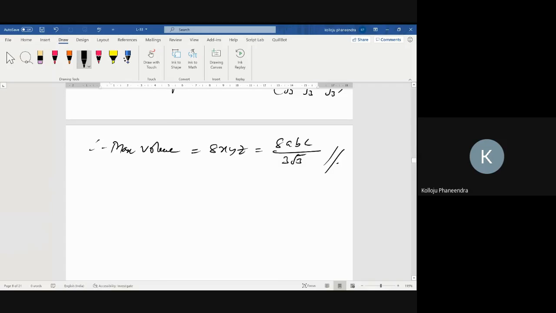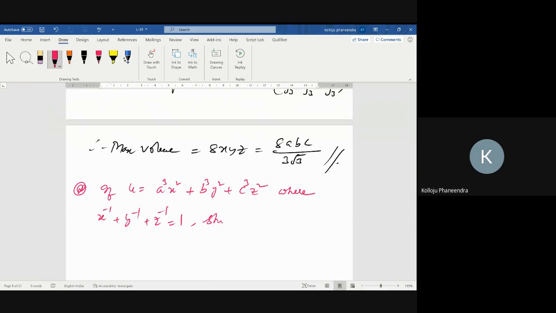And let me tell you one other problem. Yeah. So let's, if u equal to a cube x square, b cube y square, c cube z square, where x to the power of minus 1, y to the power of minus 1, z to the power of minus 1 equal to 1.